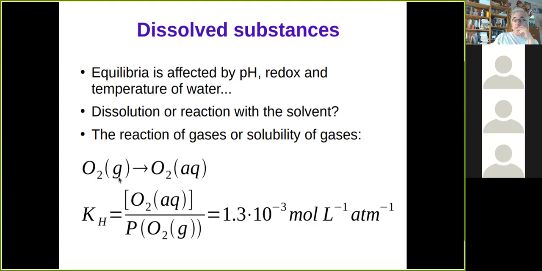I mean, the distance between oxygen gas molecules in the gas phase could be, say, 10 or 100 diameters of the oxygen gas molecule. So they are literally on their own, each one of them in a gas phase, but not in an aqueous solution.